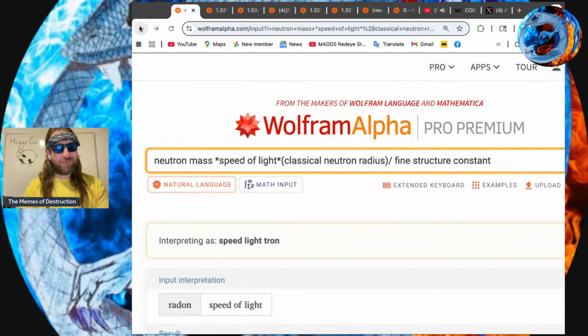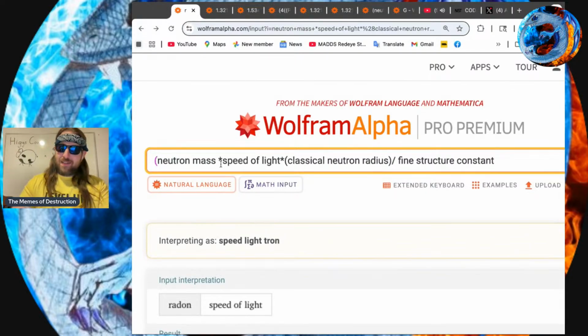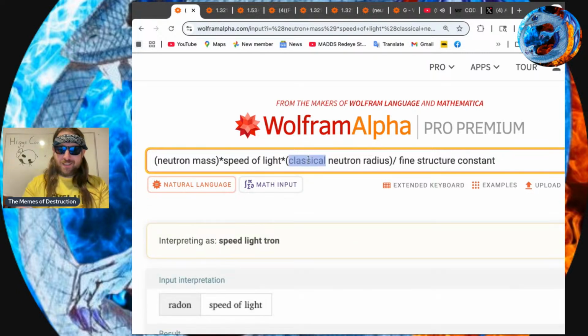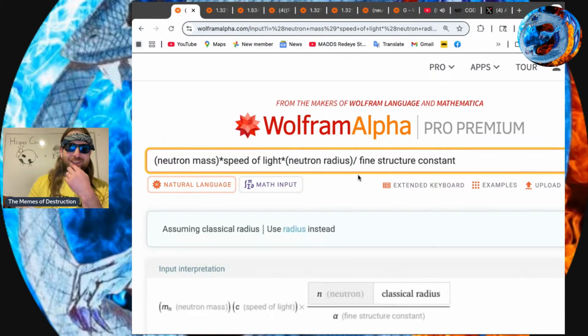I'm assuming it's probably going to come out to be the same thing. Hold on, I need to change this. Neutron mass times the speed of light. Just put a neutron radius.